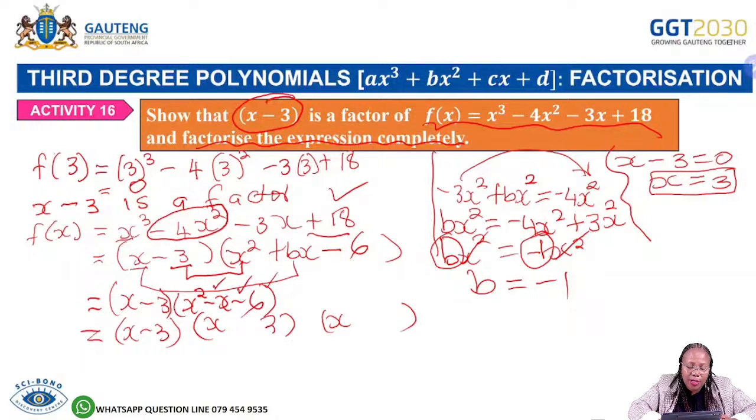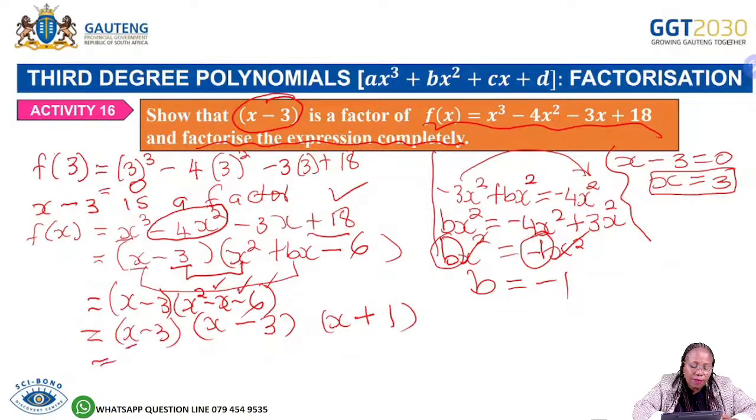Therefore, we are taking 3 and 2. You can't take 6 and 1, because when you subtract 6 minus 1, you get a 5. Or you can use your quadratic formula, grade 12, and check the correct factors. The middle term is negative, so take the sign of the bigger number, this one will be a positive.